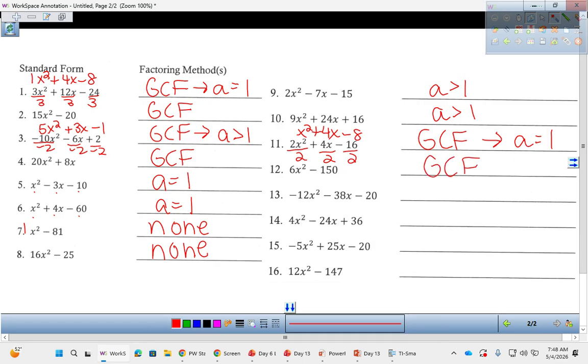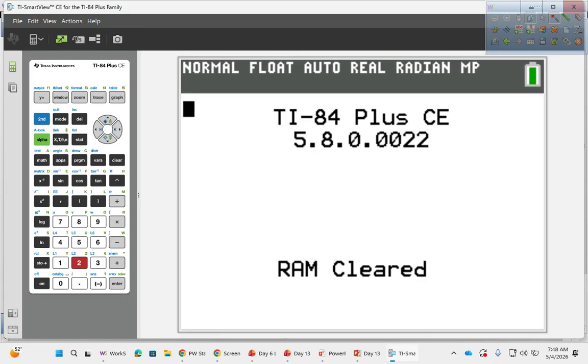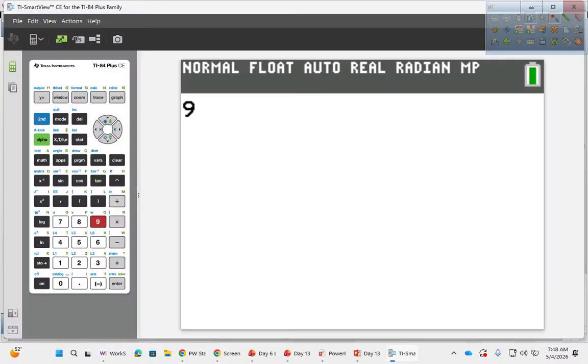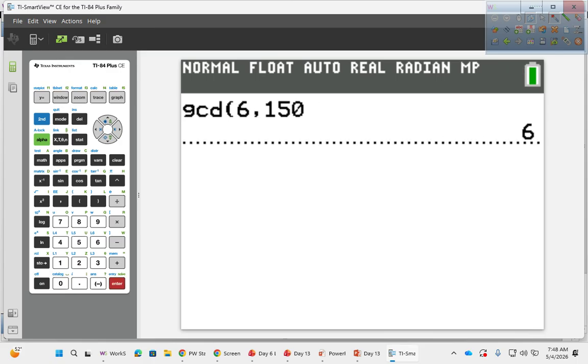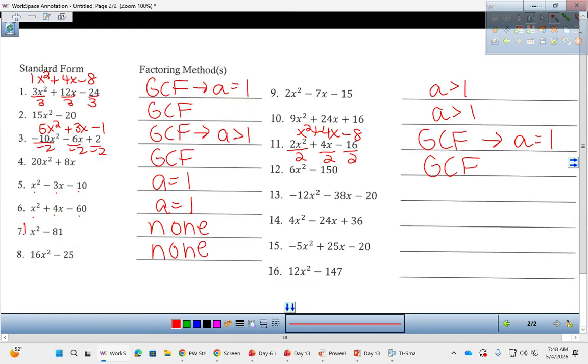As opposed to down here when there wasn't one. Okay, so I'm just looking at those numbers. If you're not sure, math, arrow to the right 9. 6, 150. I know I told you didn't need your calculators, but I guess a quick check wouldn't hurt, right? They both divide into 6, so there is a GCF. Okay, next one, -12, -38, -20. Is there a GCF there? Is there something that I can divide all of them out by?